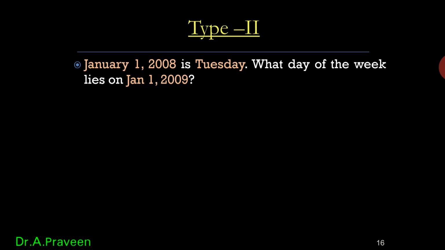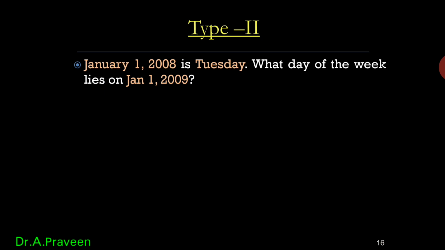Because naturally, say for example, if Diwali falls on Monday this year, then naturally it will fall either on Tuesday or Wednesday of the next year. So that is the logic behind.